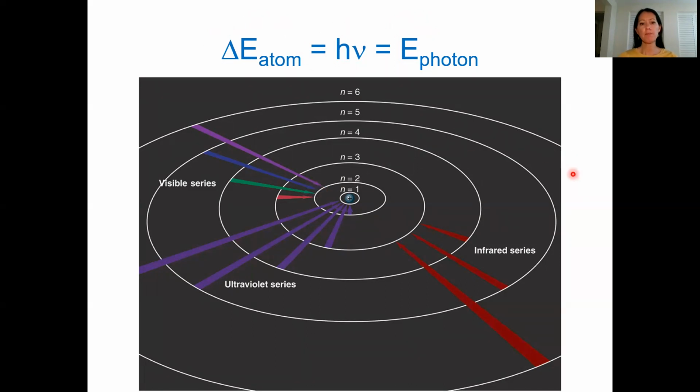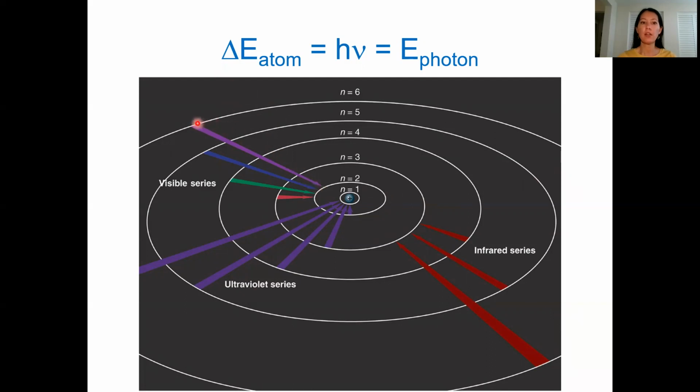The other thing I just want to mention, just this common theme that we've been seeing: anytime you see delta E, delta H, delta T, it's always final minus initial. So for example, delta E would be the final energy minus the initial energy.